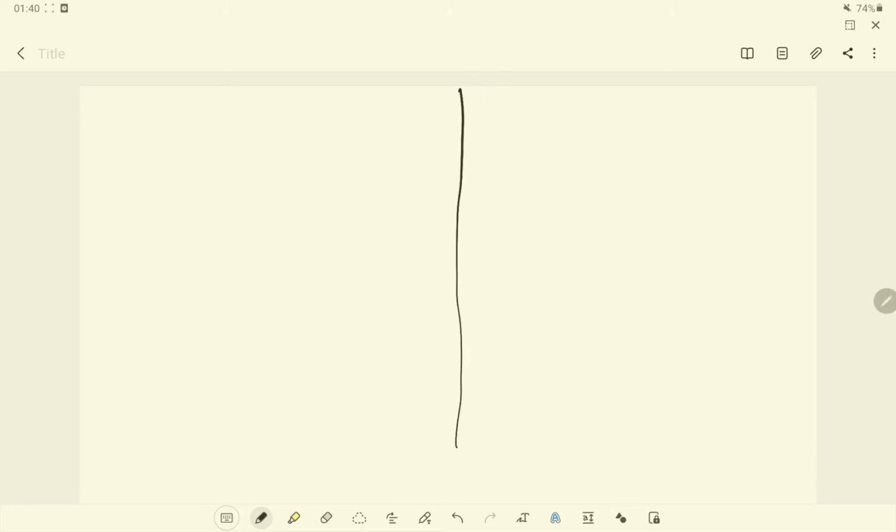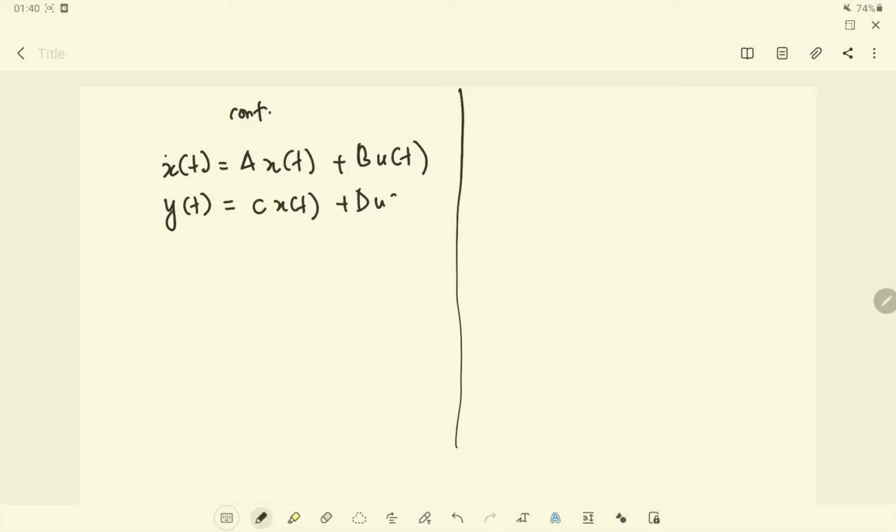Now, in the state space form in continuous time: x dot t equals Axt plus But, and yt equals Cxt plus Dut.